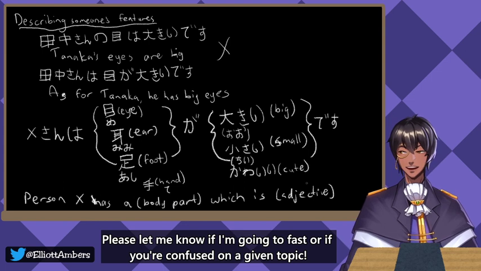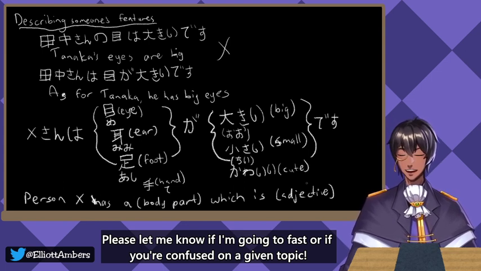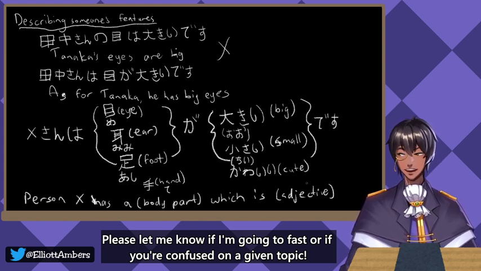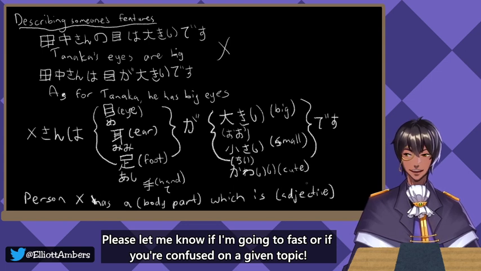Very straightforward, very simple. It's a little different from what we'd be used to in English, but the idea is the same. We give the body part, we use the descriptor for the adjective.